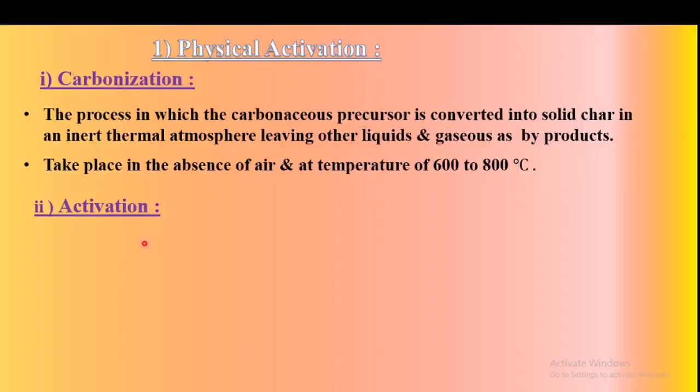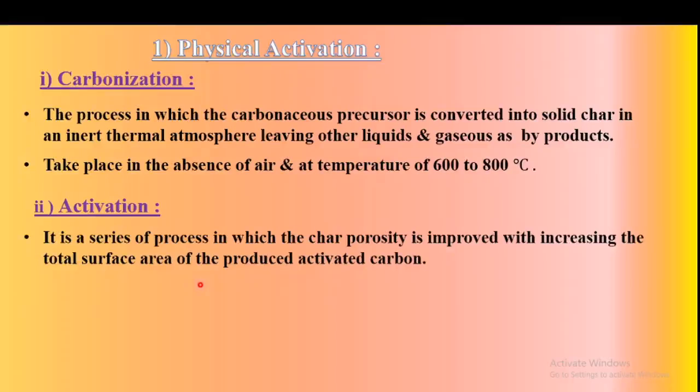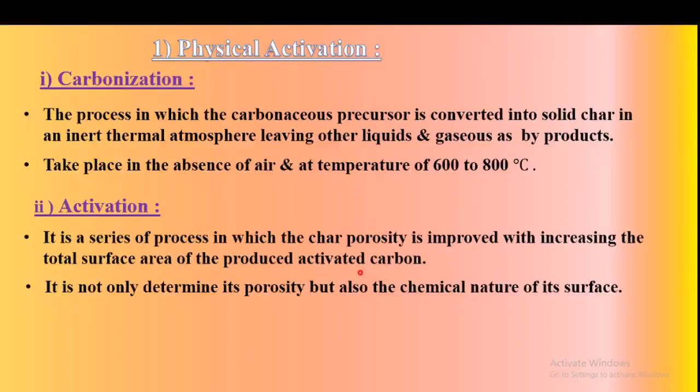The char porosity, the whole capacity of this char, is improved with increasing total surface area of the produced activated carbon. The activation method not only determines the porosity but also the chemical nature of its surface.